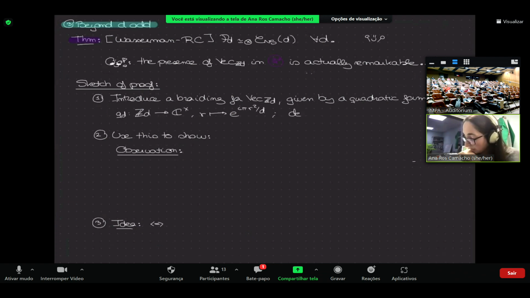I'm going to denote it simply with a subscript, because I don't want to get confusion between the braided and non-braided versions, so I'll say it's equipped with this braiding. And then I'm going to use this extra braiding to show the following.